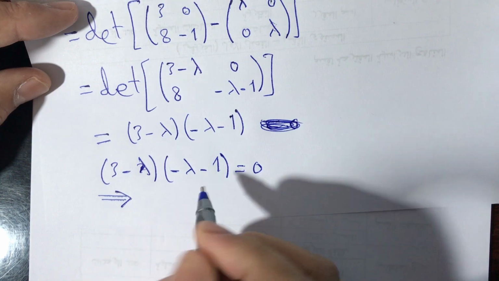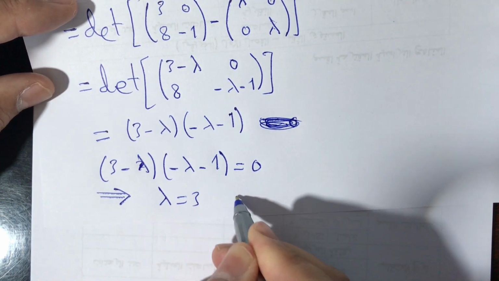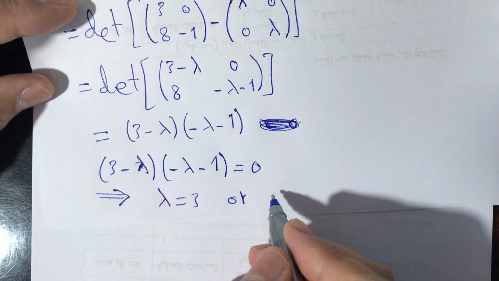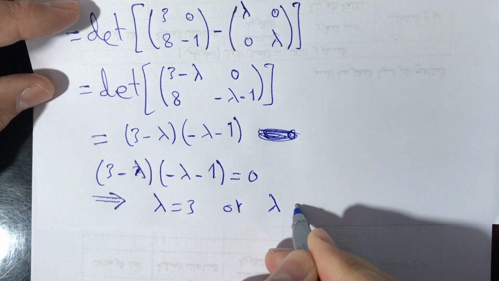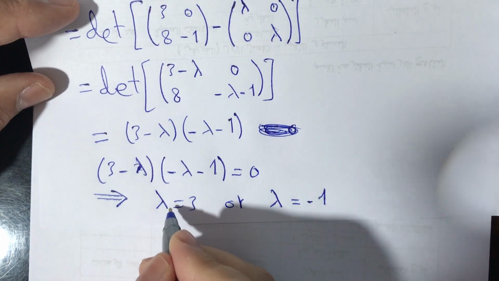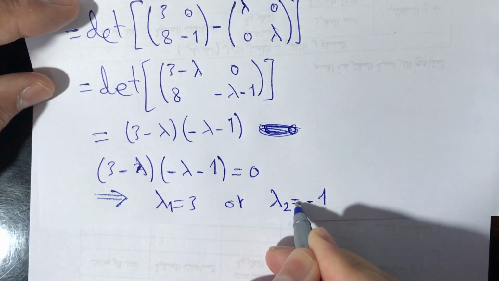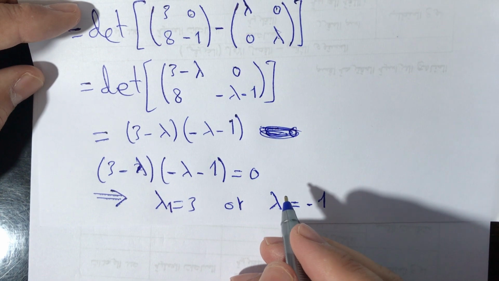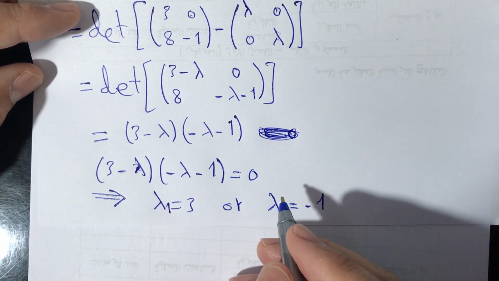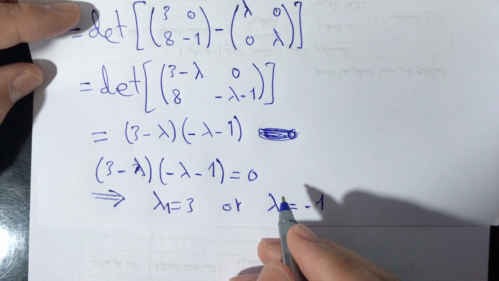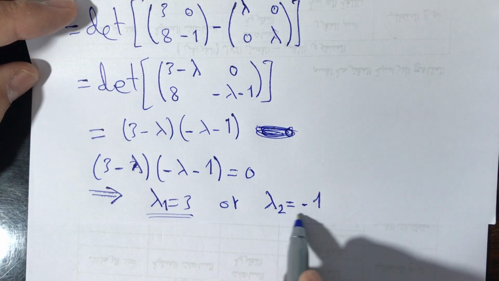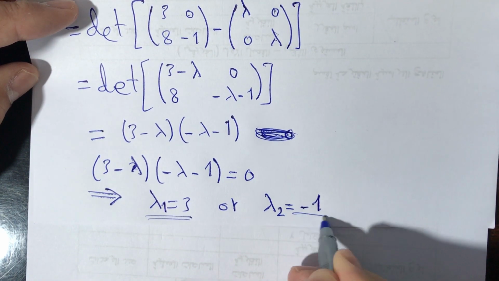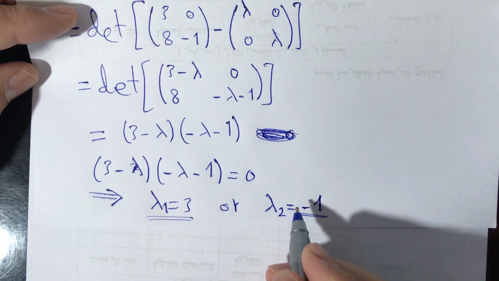So lambda equals 3, or lambda equals minus 1. So this is lambda 1 and this is lambda 2.